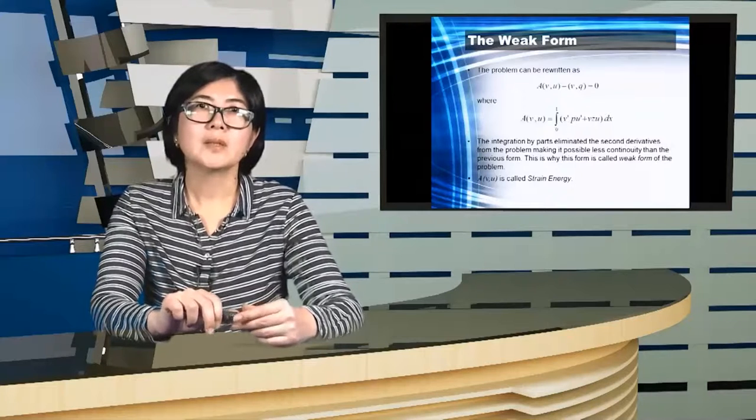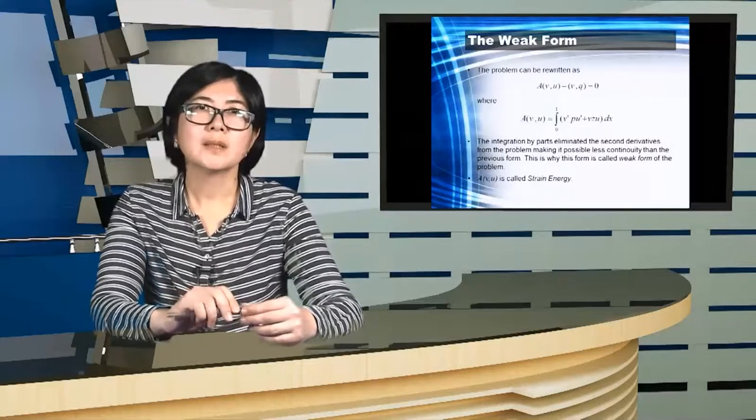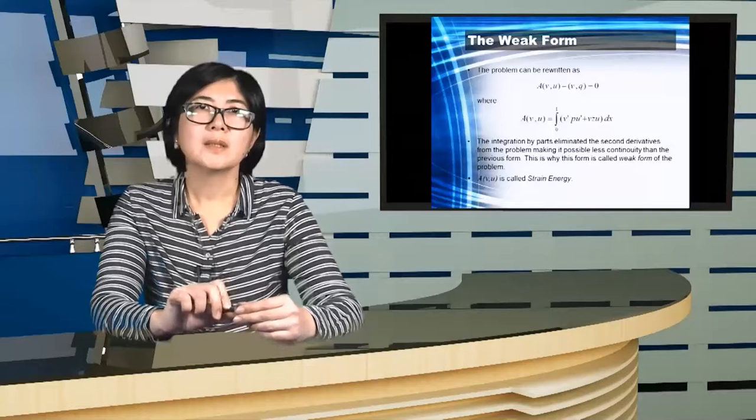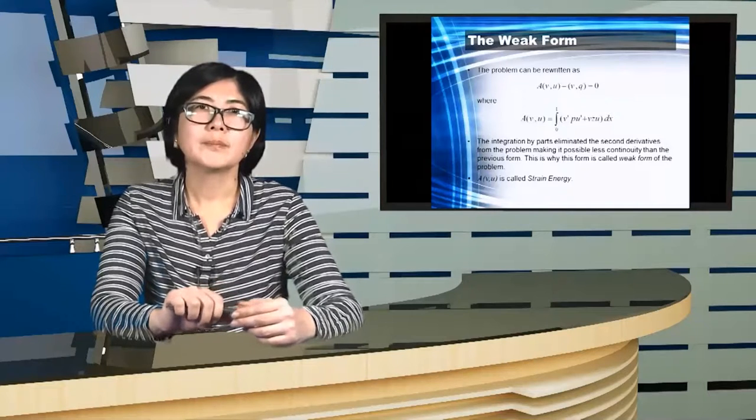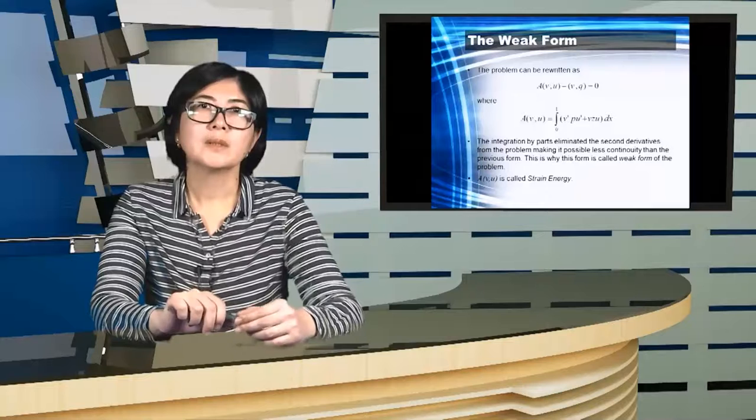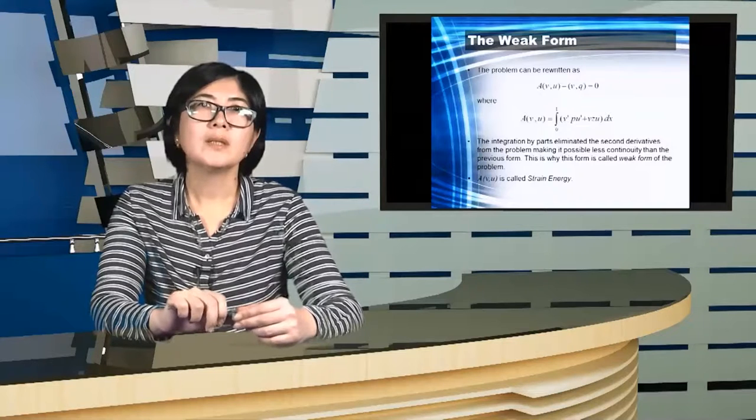Integrating by parts, we eliminated the second derivatives of u from the problem. This way, we now need less continuity than before. This is why the last expression is called the weak form.